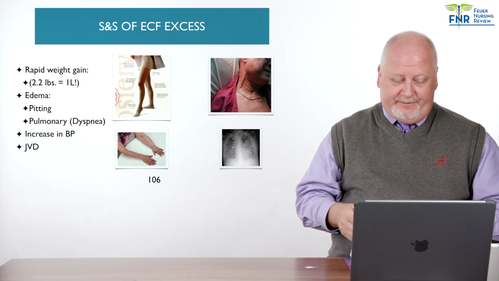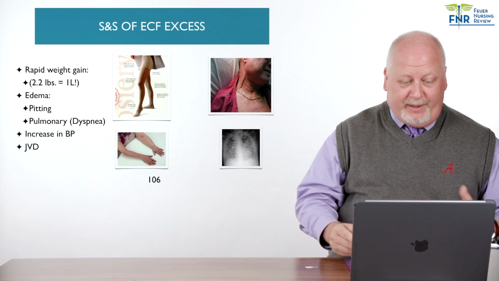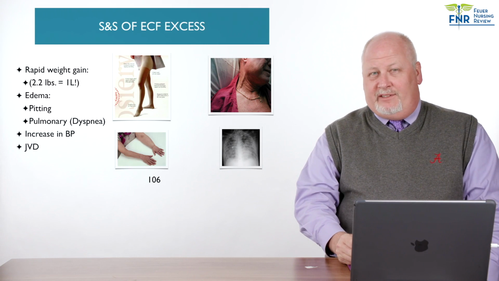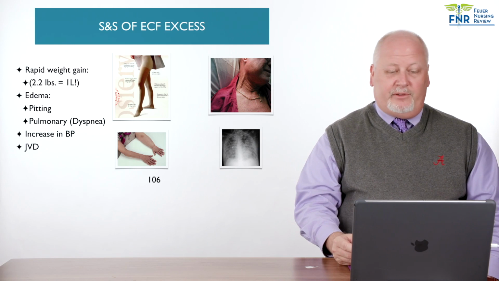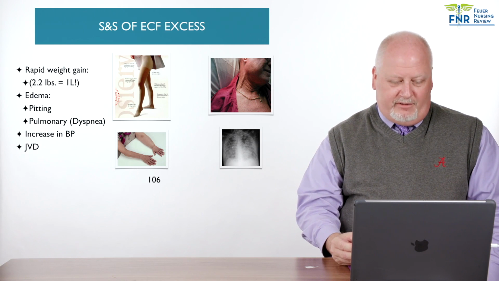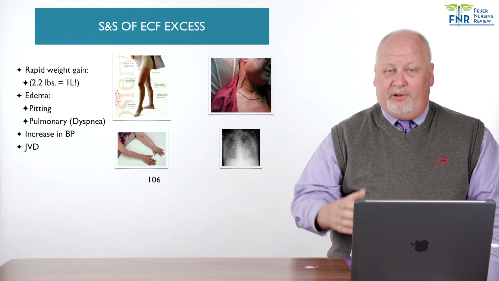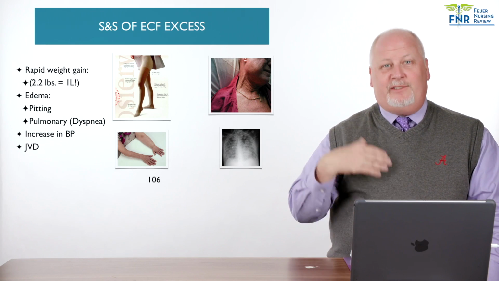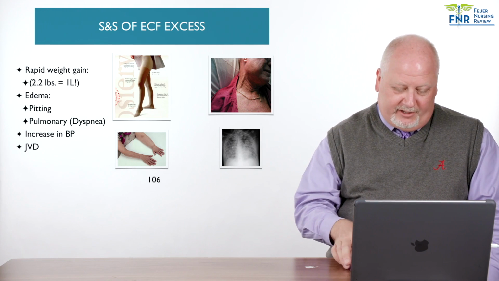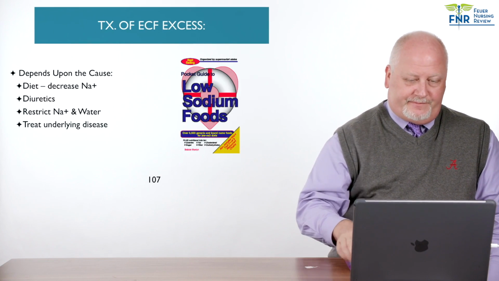We'll see edema, such as pitting edema. We'll see pulmonary symptoms such as dyspnea, crackles when we listen to their lung sounds, or just difficulty breathing in general. As they hold on to fluid, there's more fluid in the vascular system, so their blood pressure rises, to the point even of seeing jugular venous distension.